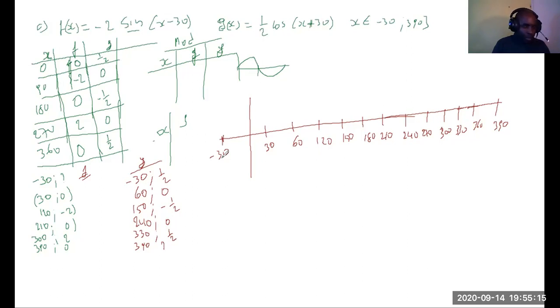Then I've got a half cos x plus 30. Then the starting was negative 30. The end was 390.